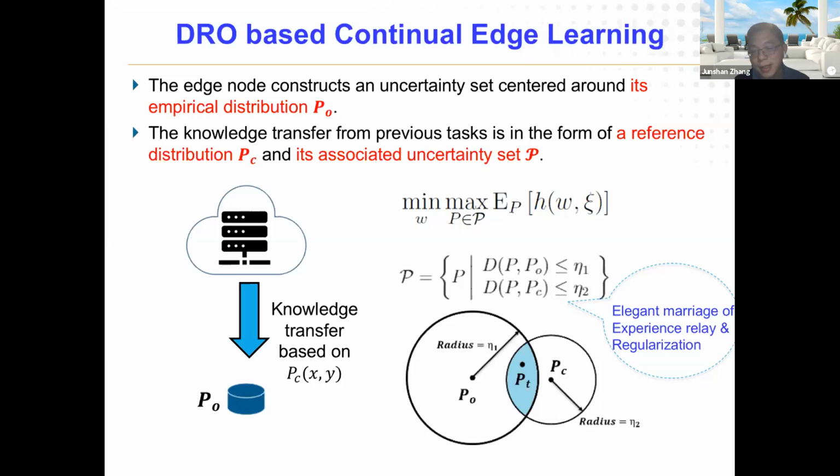They are treated as regularizers, and by using the distributional uncertainty set as a constraint, it gives us experience replay of synthetic data from the previous task. So just to recap, this DRO approach for continual edge learning gave us a nice marriage of experience replay and regularization to combat catastrophic forgetting.